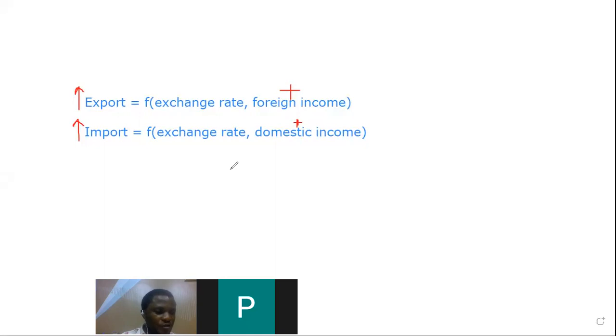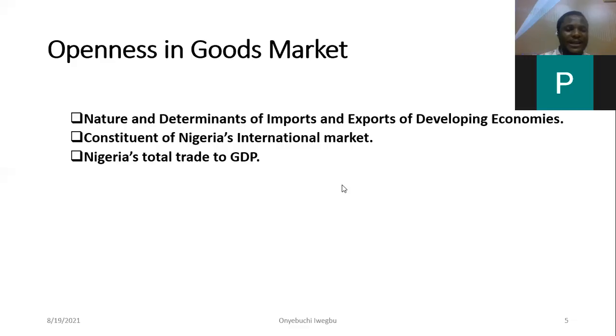I would pause with respect to exchange rate, not until I explain how you consider exchange rates, then I should be able to explain that relationship. So that tells us the nature and determinants of imports and exports of a developing economy.